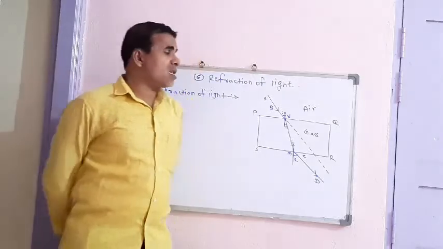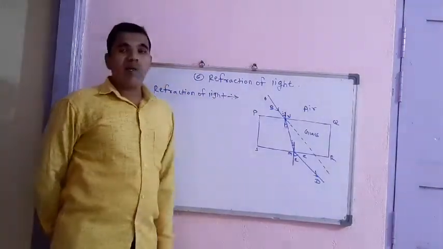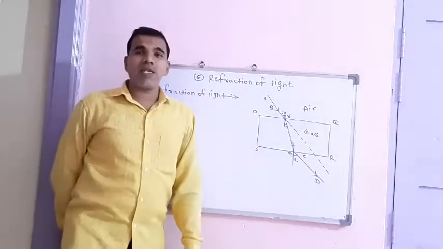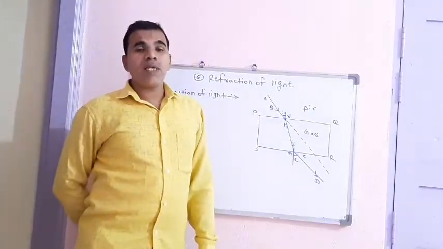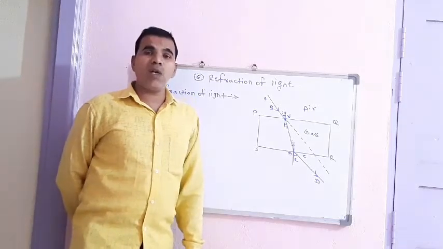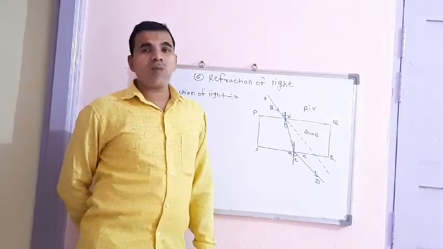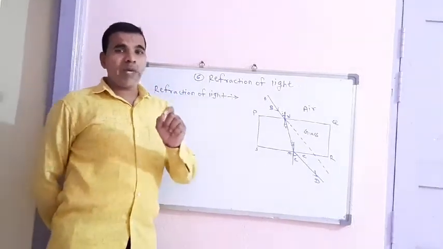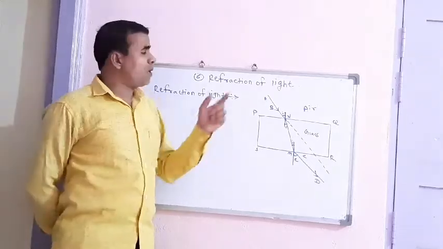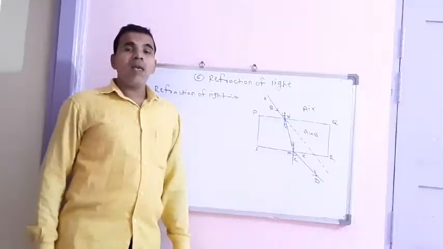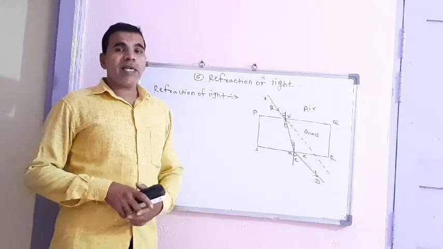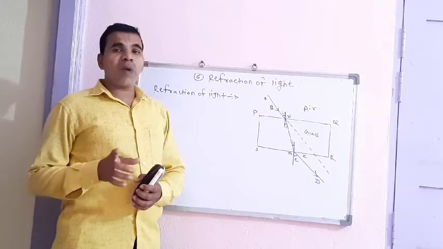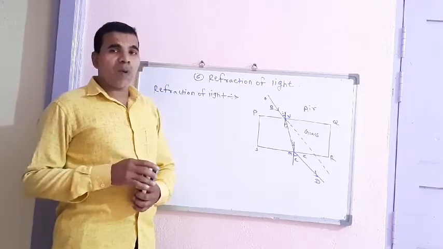So first we discuss refraction of light. Definition of refraction of light: the change of direction of light from one transparent medium to another transparent medium is called refraction of light.